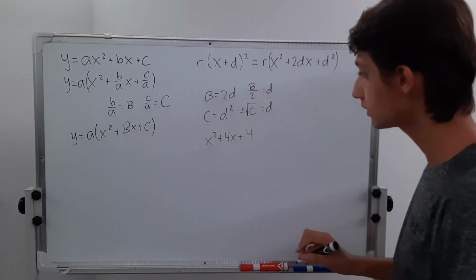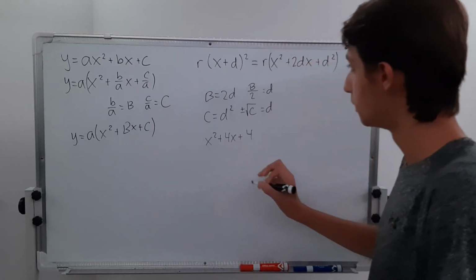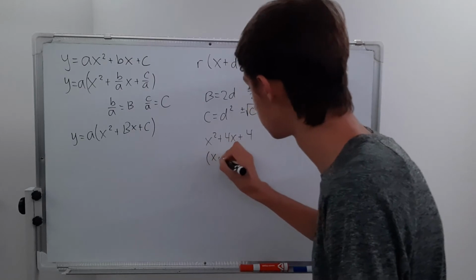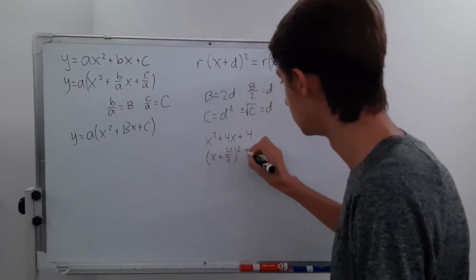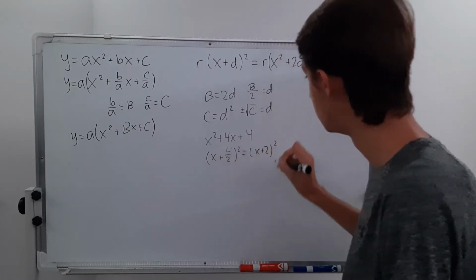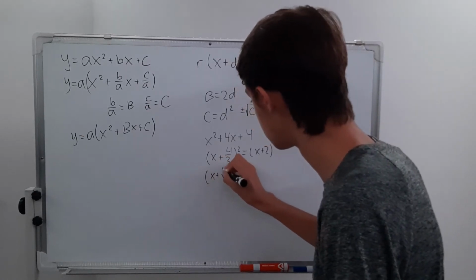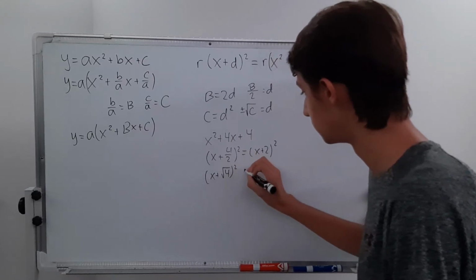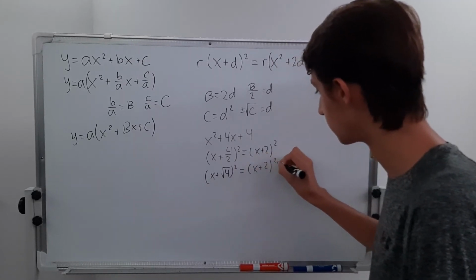If we factor it using these, we can very simply see that this is just x plus 4 over 2, squared, which is equal to x plus 2 squared. Or we can also see that this is x plus the square root of 4, squared, and that's also equal to x plus 2 squared, okay?